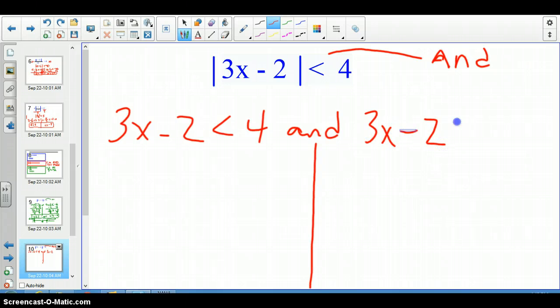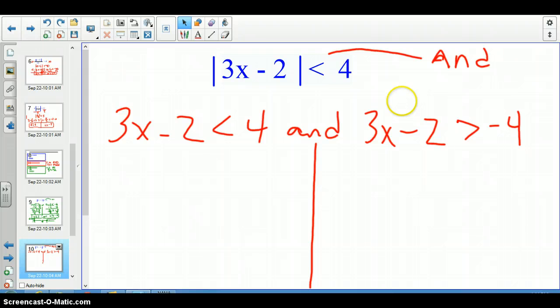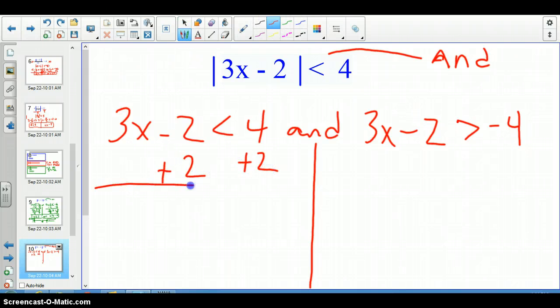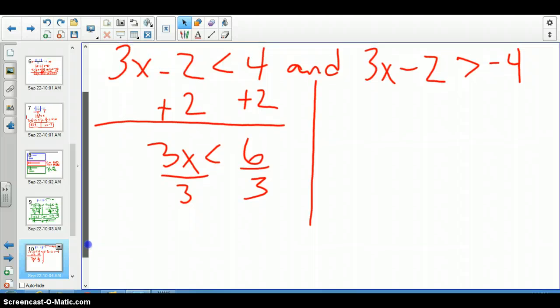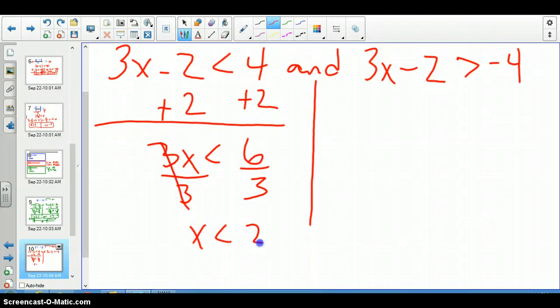I'm going to switch the inequality like what I did in that last example, then make that negative 4. So now I'm going to add 2 to both sides. So I have 3x is less than 6 for the first one. Divide by 3. I get x is less than 2.